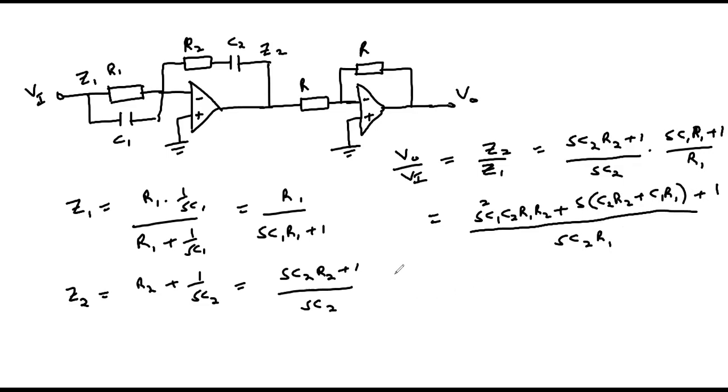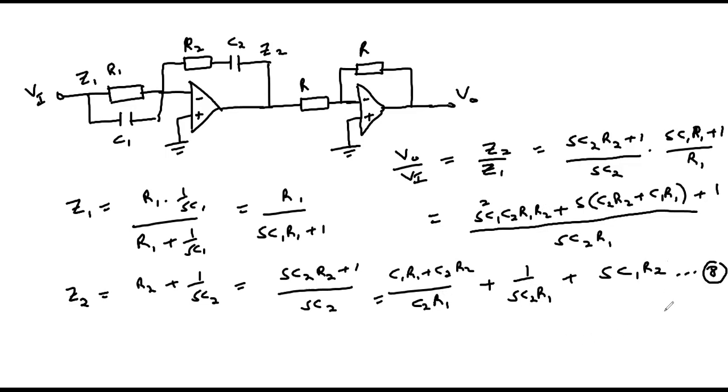We write this as C1 R1 plus C2 R2 over C2 R1, plus the term that will have 1 over S, which is 1 over SC2 R1, plus the S squared term over SC2 R1, which will give us S C1 R2. So C2 and R1 will cancel out, and we can call this equation 8.